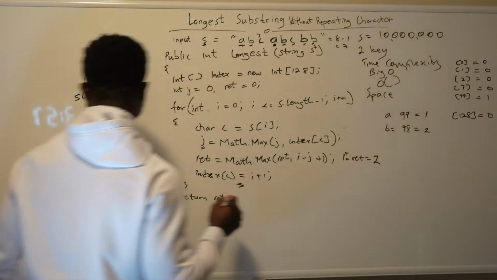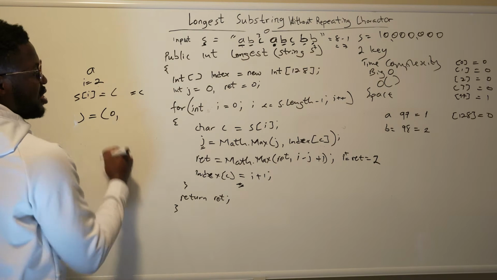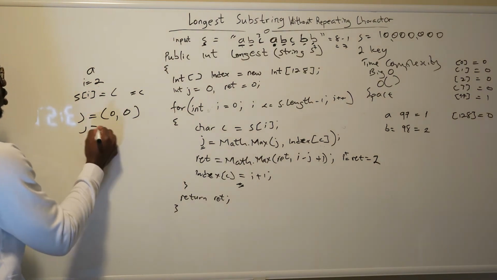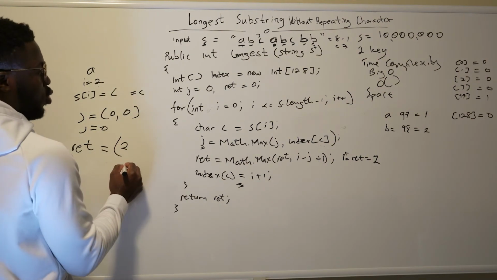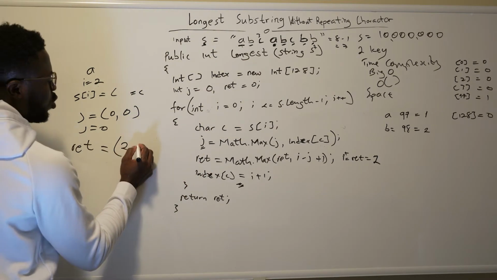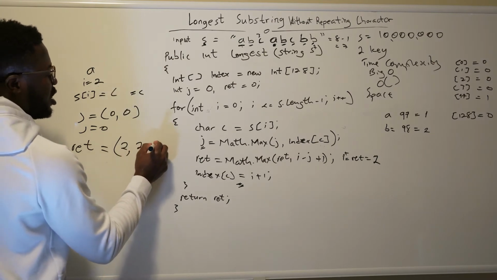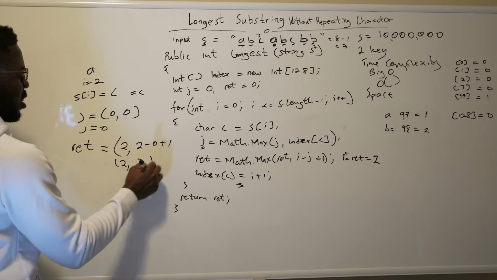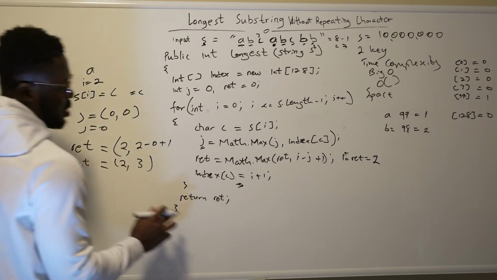So we know J is 0 and index at is also 0, so J is equal to 0, so the ret is equal to 2, I is 2, right, minus 0 plus 1, which is equal to 2 and 3, so ret is equal to the max, which is 3.